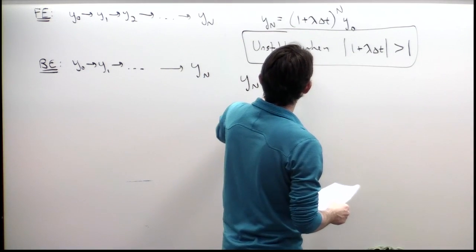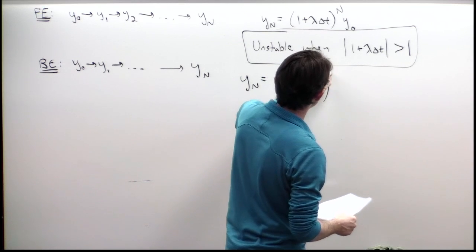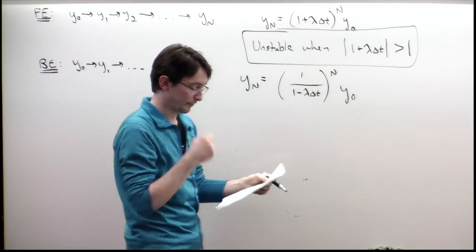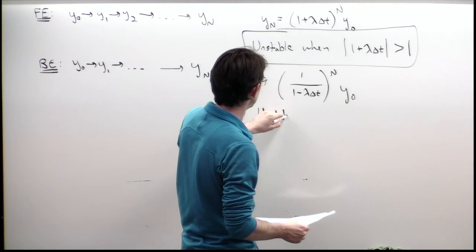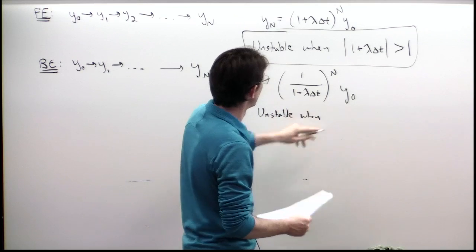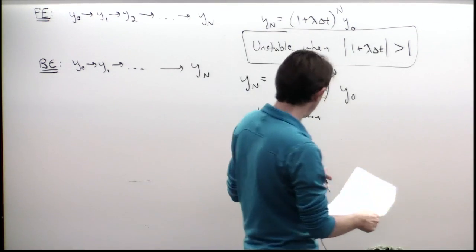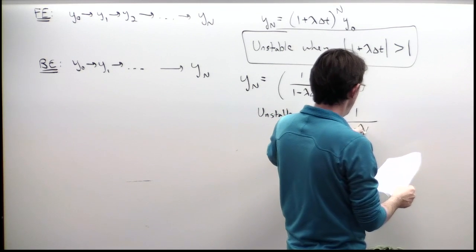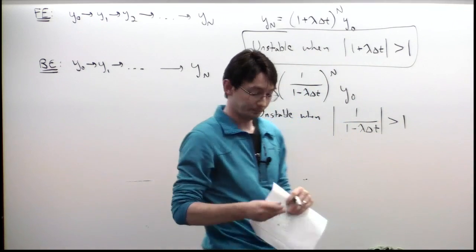Well, it's going to equal 1 over (1 minus lambda delta t) to the power n times y naught. And again, we see that this is unstable when the magnitude of this object is greater than 1. So when the absolute value of 1 over (1 minus lambda delta t) is greater than 1.